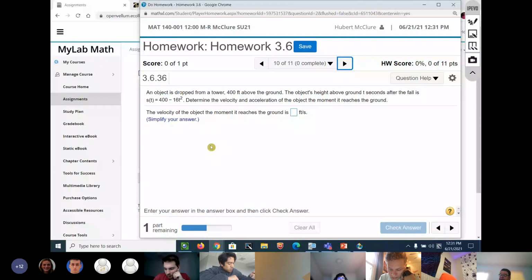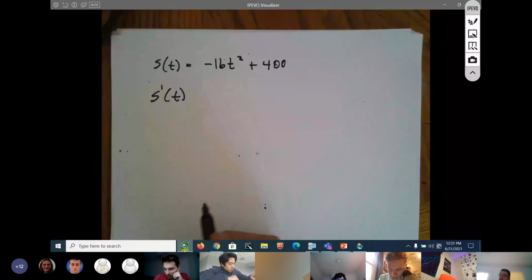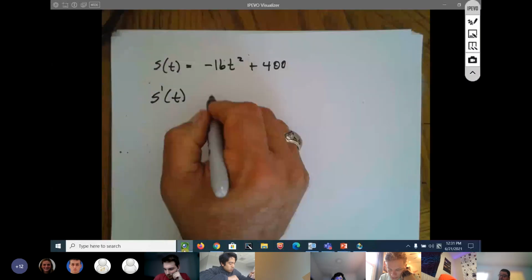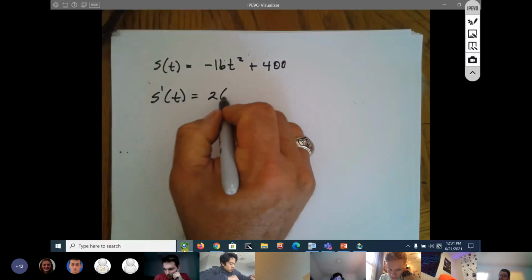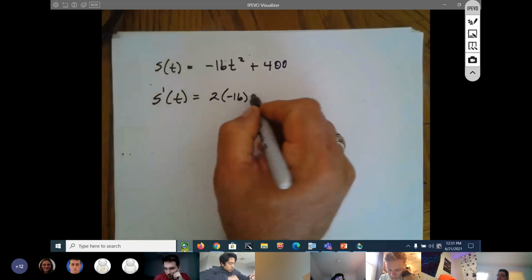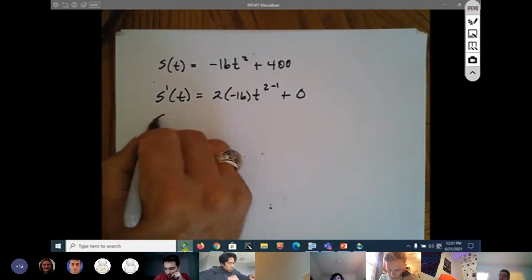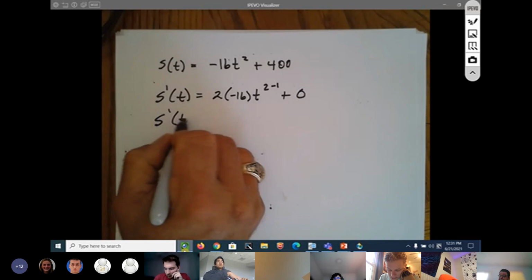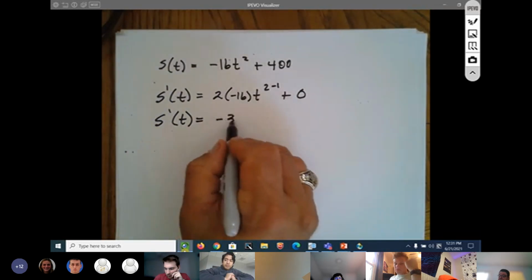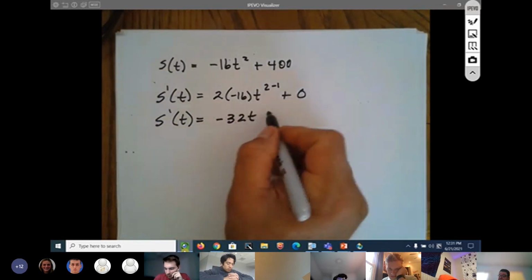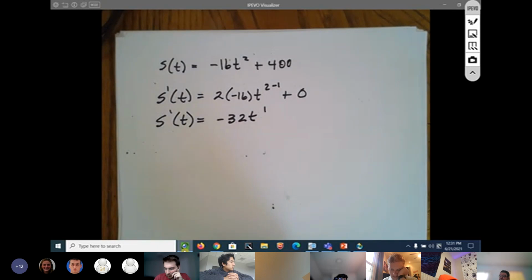So s prime of t is going to be equal to 2 times negative 16 t to the 2 minus 1, plus 0. So s prime of t is equal to negative 32 t to the first power.